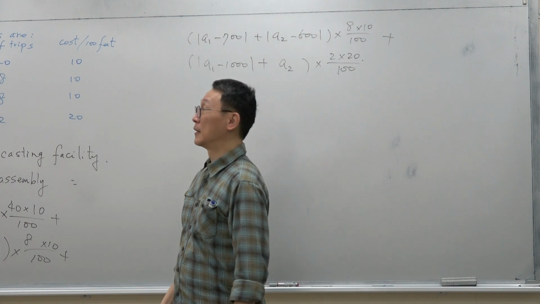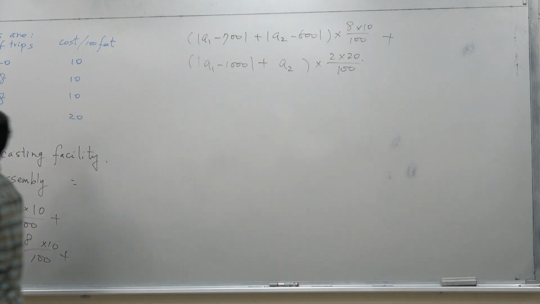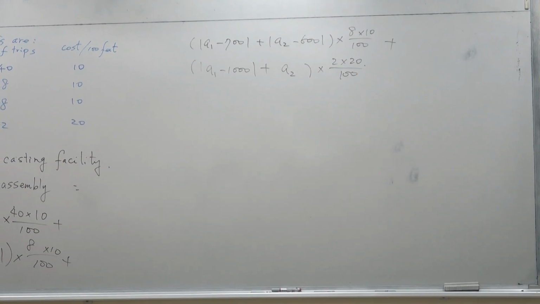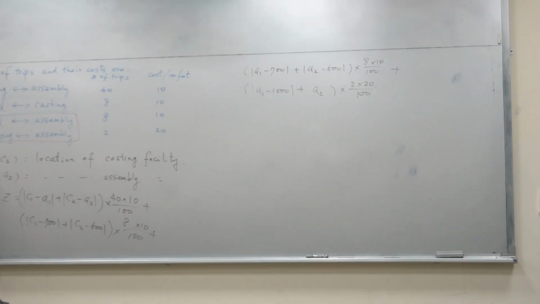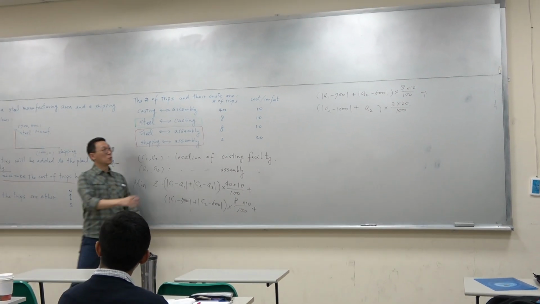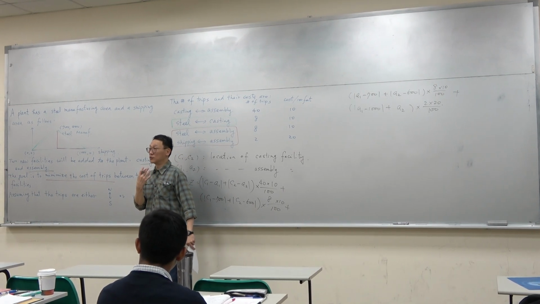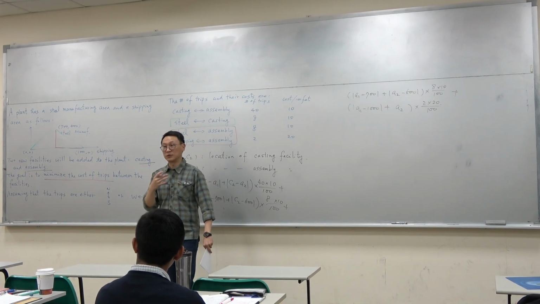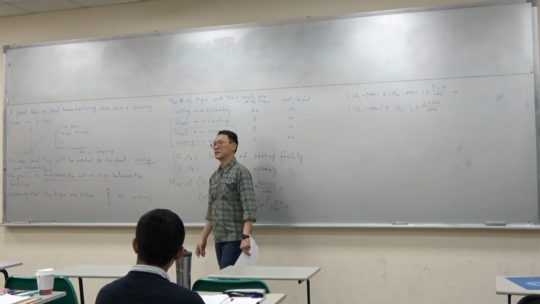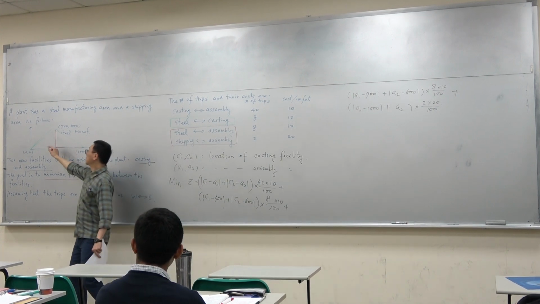As we said, we can expect that the location should be in this triangle, but we don't need that, because when we try to minimize it, we can find the locations C1, C2, and A1, A2. I can find it without these constraints.